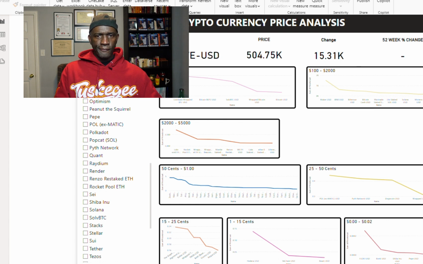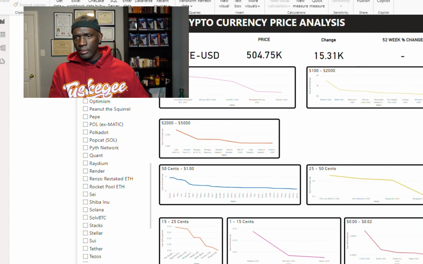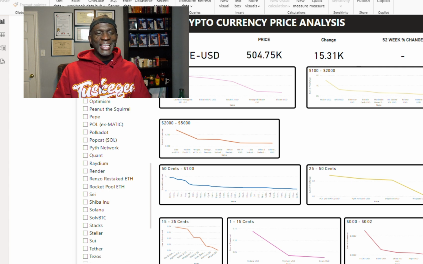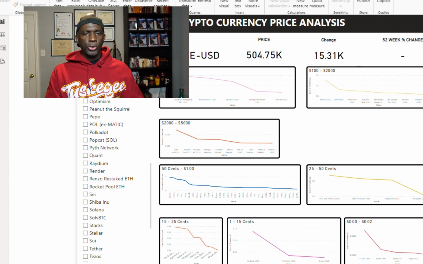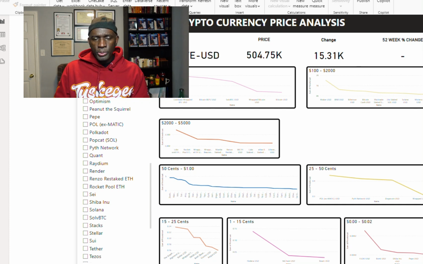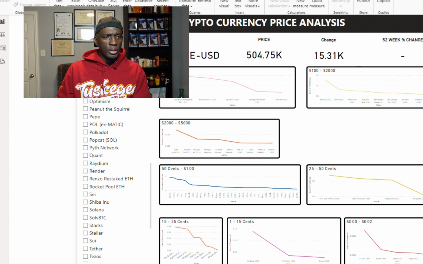I'm not getting a full screen here. I don't want to mess anything up. I think we're getting enough information here to see how we can analyze cryptocurrencies in Power BI. As you see in this report, this is a Power BI report.